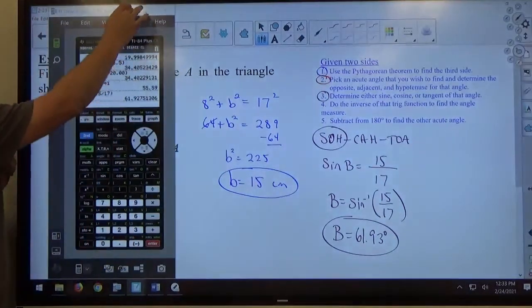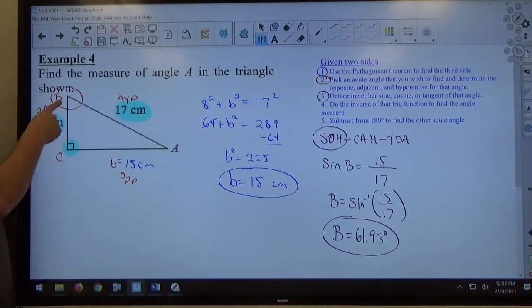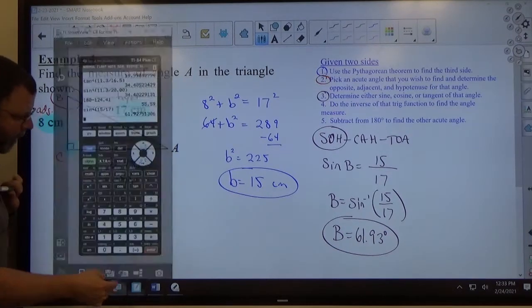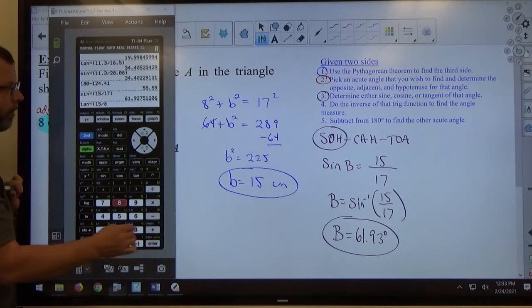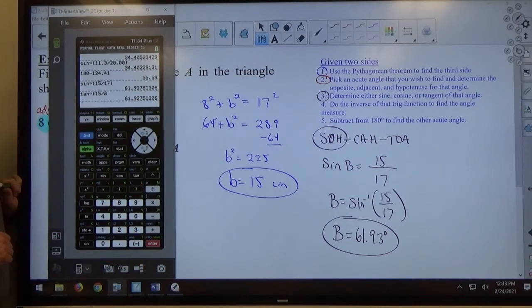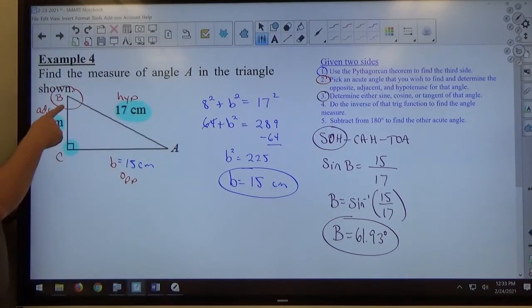Now real quick, what is the tangent of b? If I was trying to do tangent of b, what does it equal? 15 over 8, right? If I did inverse tangent 15 over 8, same exact answer, because that's what b equals. What's the cosine of b?